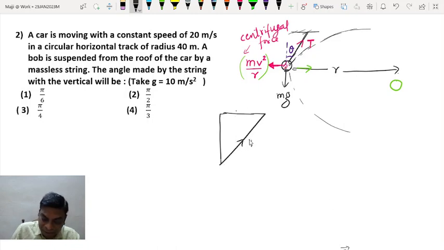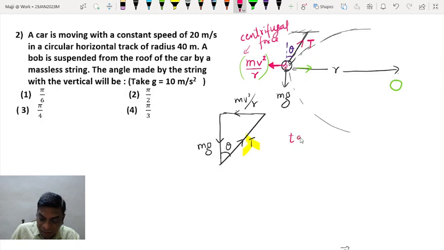So this will be tension T, this will be mg, and this will be mv square by r. This angle is theta. Since we are not interested in T, let us not involve T in our discussion.